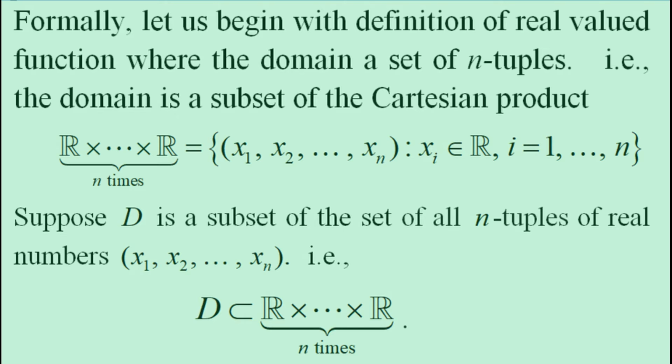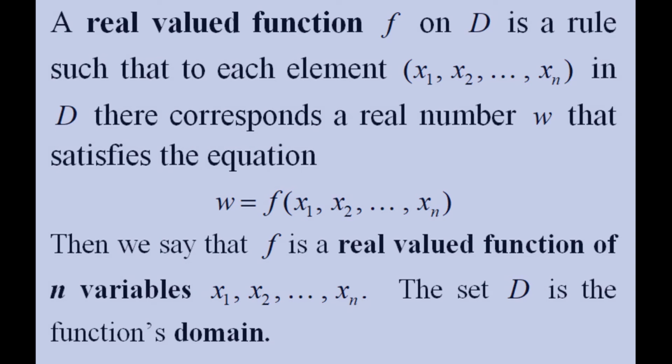cross R n times. A real valued function f on D is a rule such that to each element n tuple x1, x2, etc. xn in D, there corresponds a real number w that satisfies the equation w is equal to f of x1, x2, etc. xn.